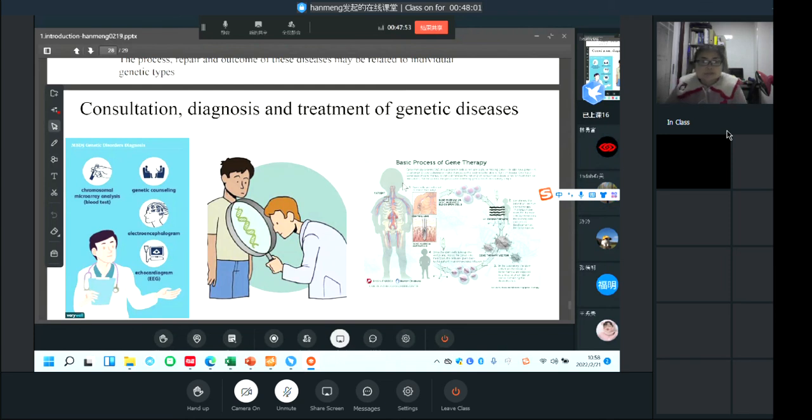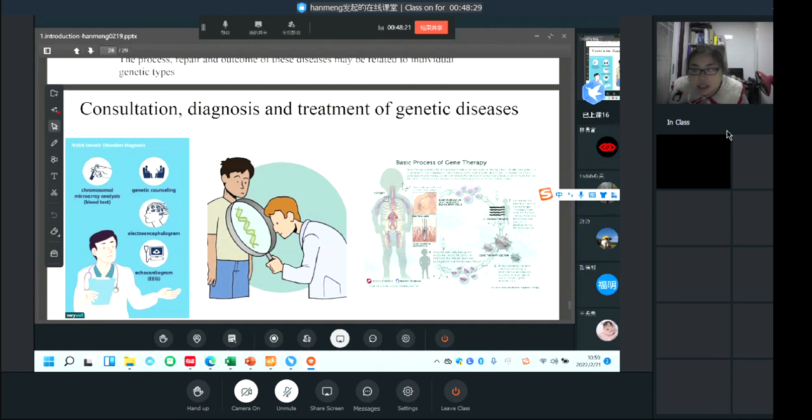Then, after genetic counseling, the electroencephalogram and the echocardiogram detector or the blood test, then we will have some knowledge of this patient's disease. Then you can have the idea of this disease.